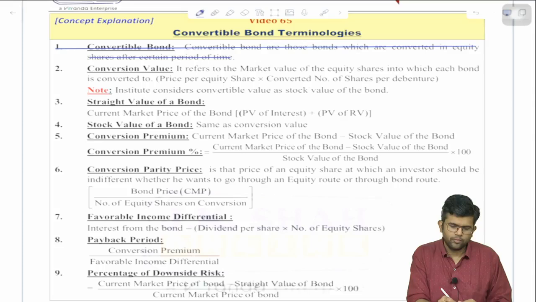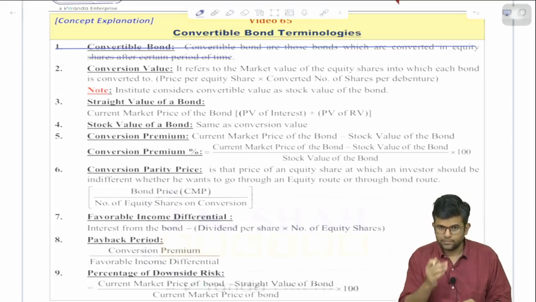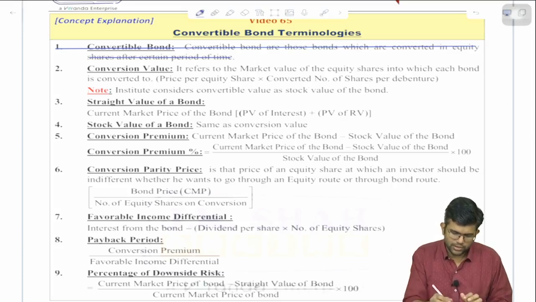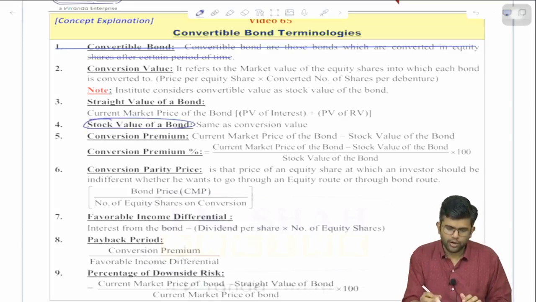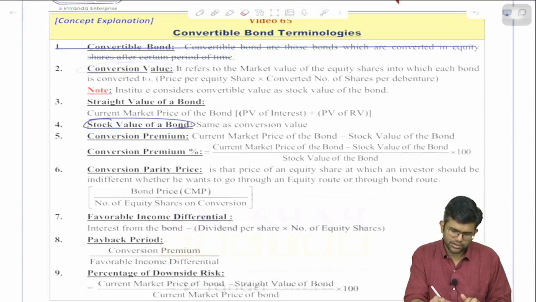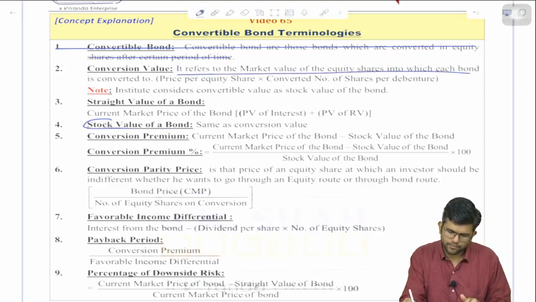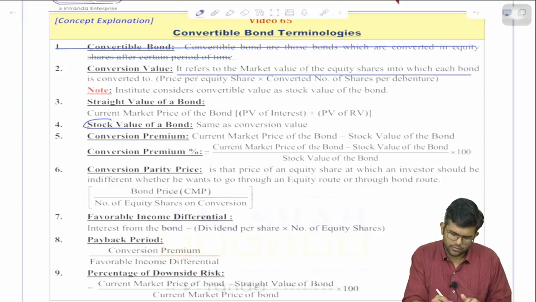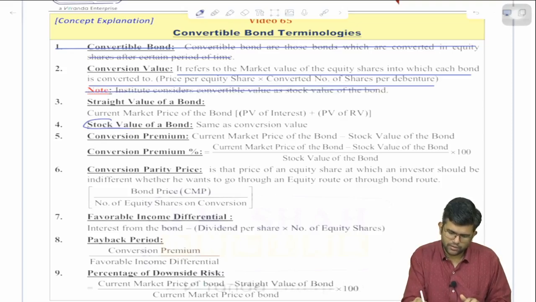Okay. Write down point number 1. Everyone please. Point number 1. Write conversion value slash stock value of a bond. Write these 2 lines.